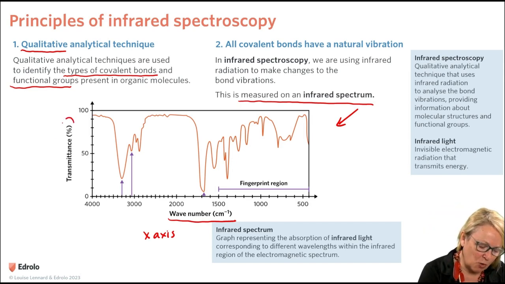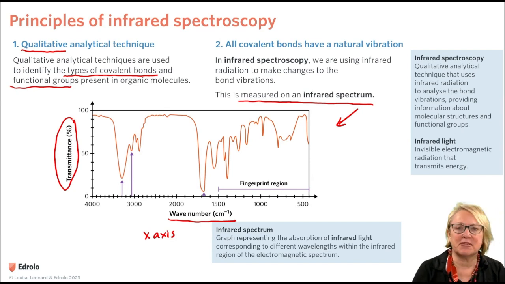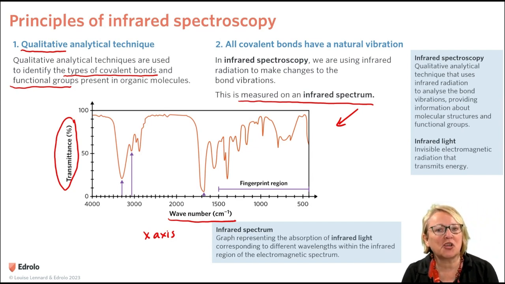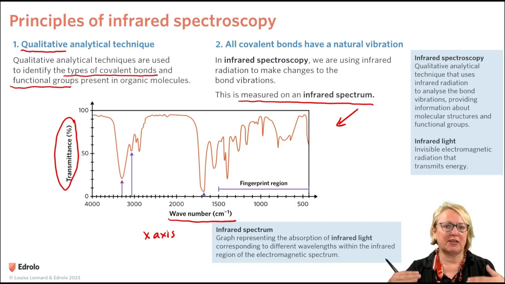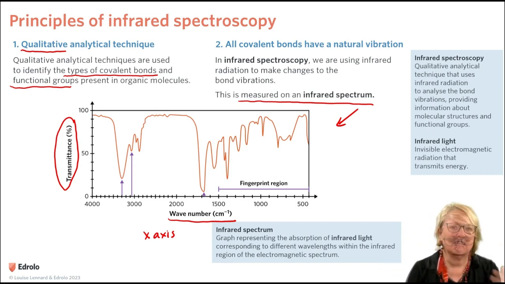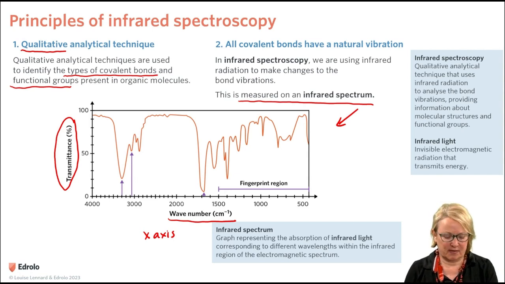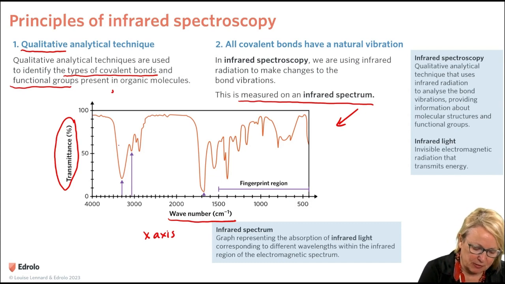On the y-axis, we have transmittance. Transmittance is the opposite of absorbance, and we're reading the IR spectrum from the top coming down. The lower down the peak or the band, the greater the absorbance. So this is an absorption band.